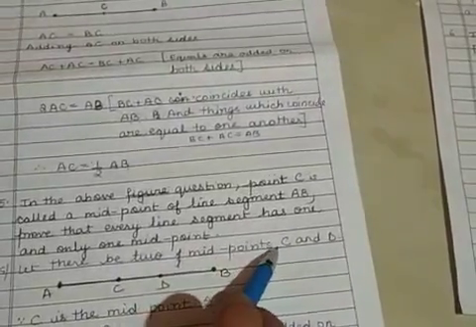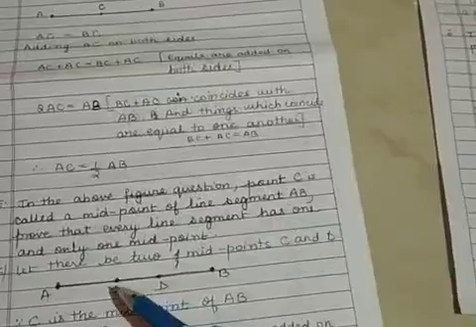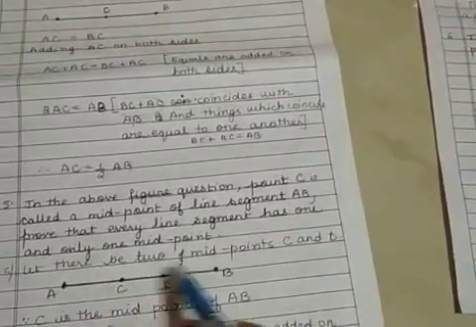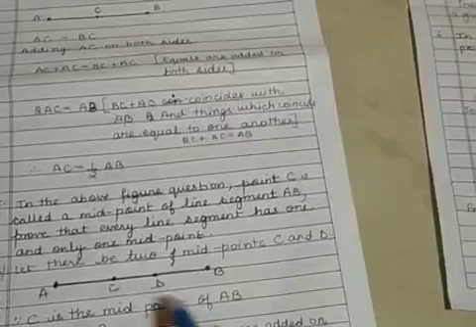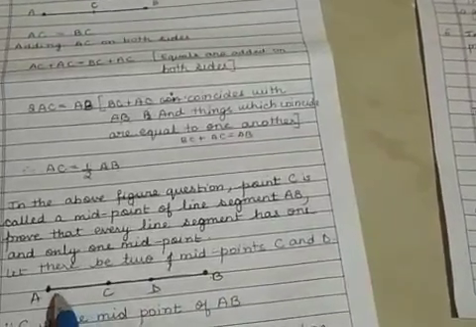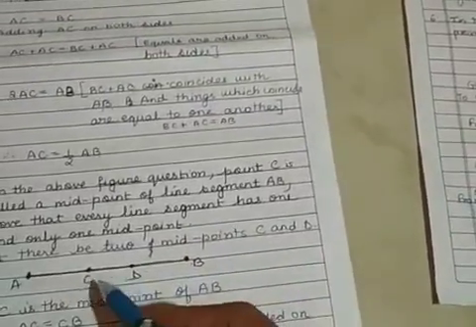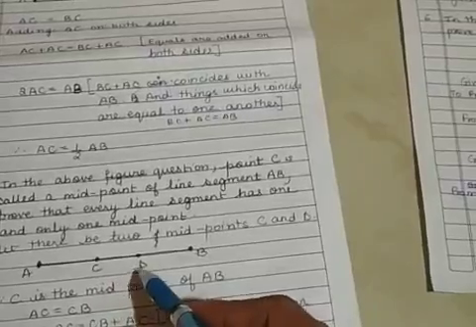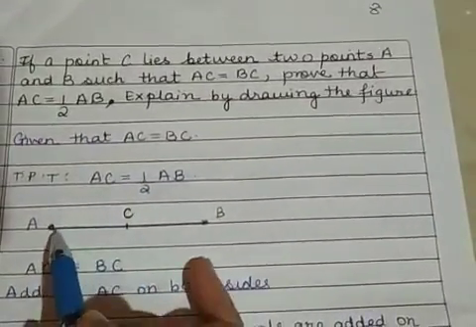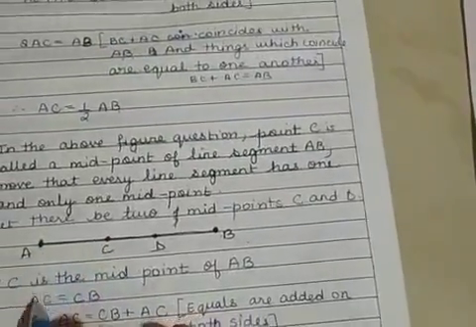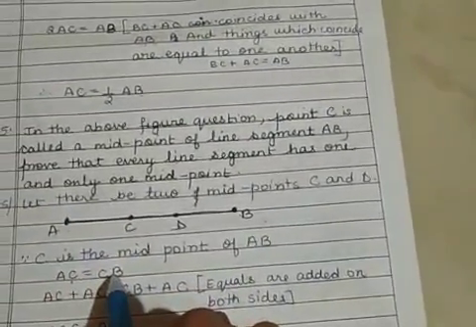Let C and D be two midpoints of line segment AB. Since C is the midpoint of AB, AC will be equal to CB. So since C is a midpoint, AC is equal to CB.